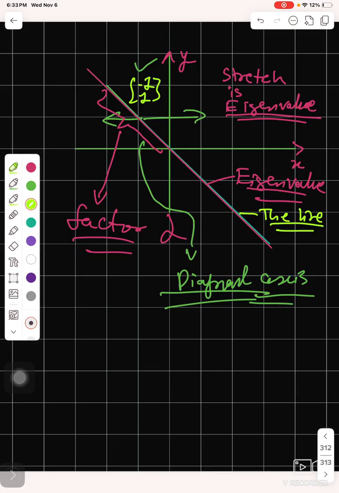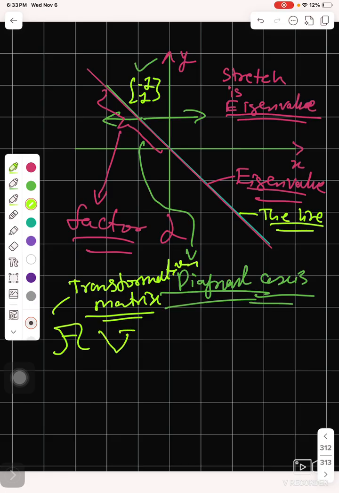In terms of an equation, I would write it as A, the transformation matrix, times v equals lambda times v.